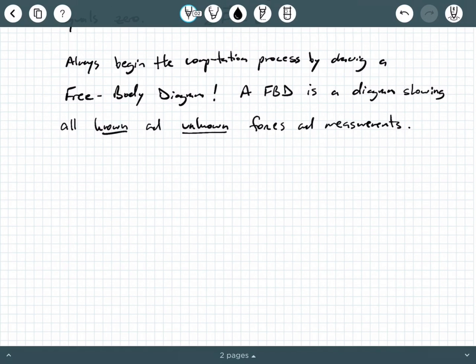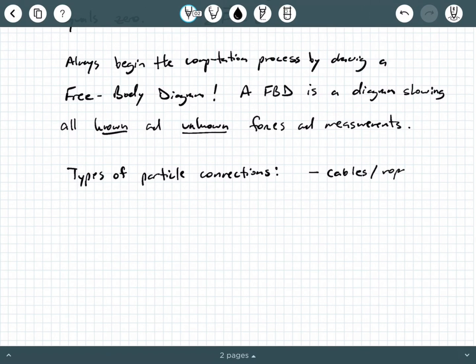Okay, so the next thing we want to talk about, just to lay the groundwork, are what we call types of particle connections. Now a lot of these you've heard of at some point or another. One type of particle connection is a cable. Cables, ropes, wires.